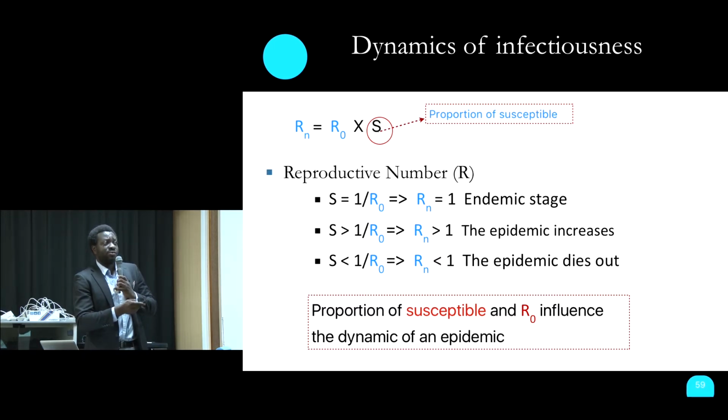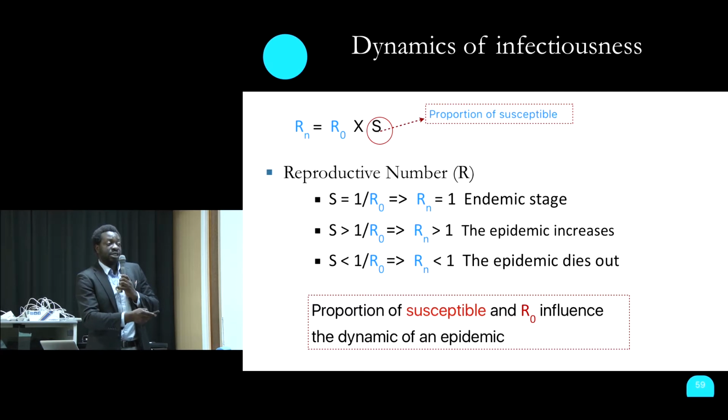So again, we are in this formula here. Our effective reproduction number equals R naught multiplied by the proportion of susceptible. And this is a very important element to keep in mind: the proportion of susceptible and R naught influence the dynamic of an epidemic.